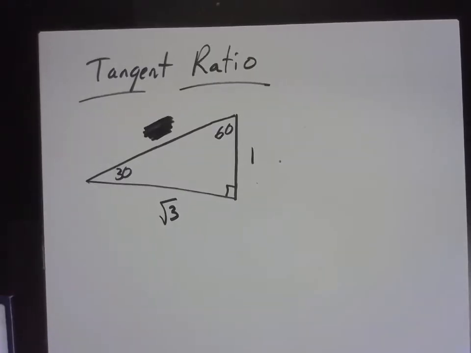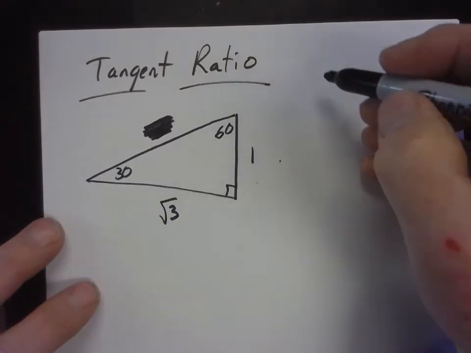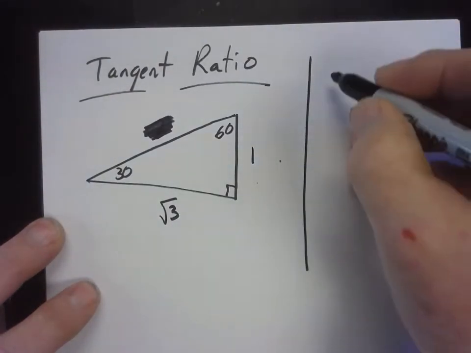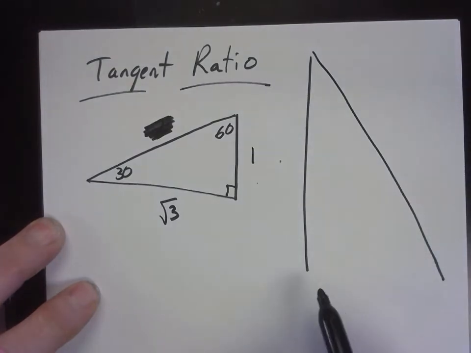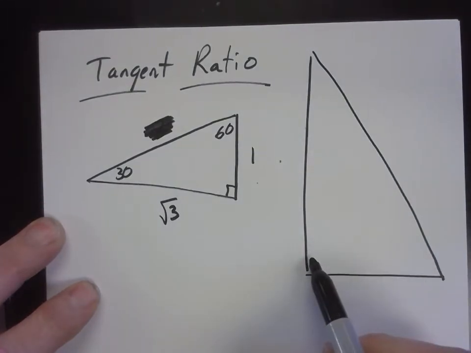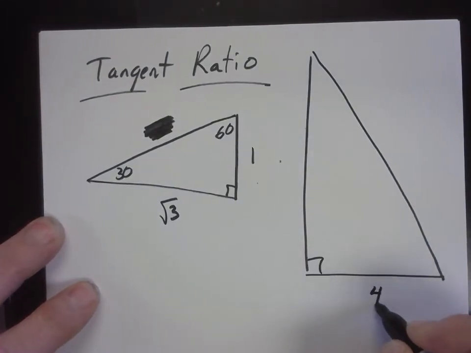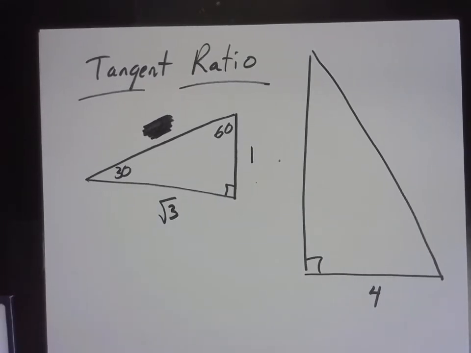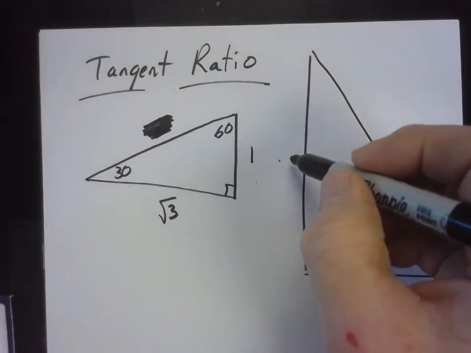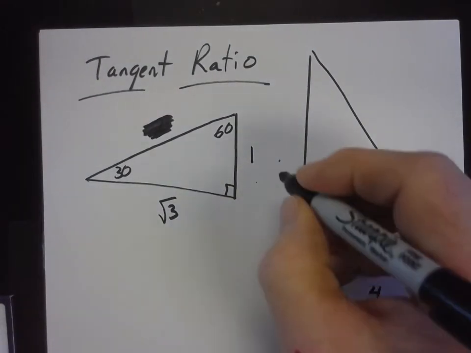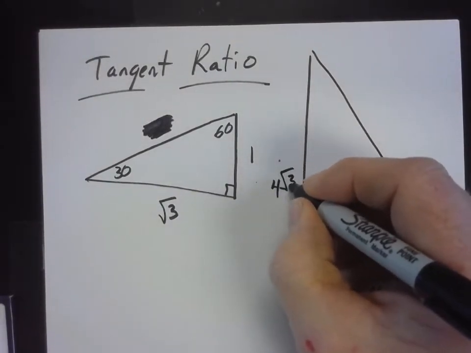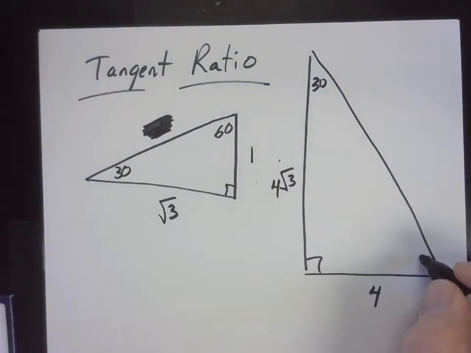So here's the deal. Other 30, 60, 90 triangles can be different sizes. Like this could be 4 units long, right? And then how long would the long leg in this case be? 4 radical 3. So here's our 30, 60, 90.